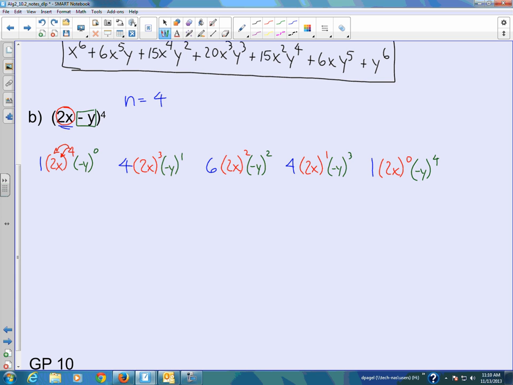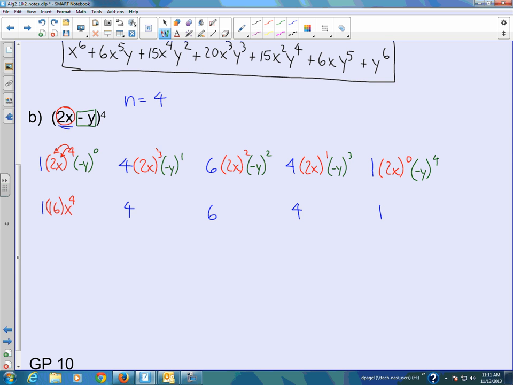So what I end up with is my normal 1, 4, 6. I'm going to just show us step by step. So I end up with 2 to the 4th, which is 16, x to the 4th. And then y to the 0 just becomes 1.